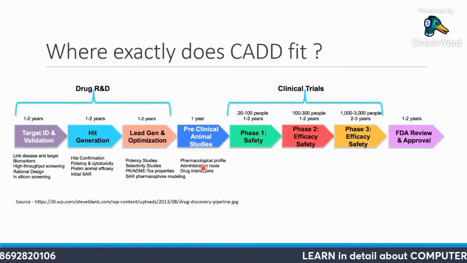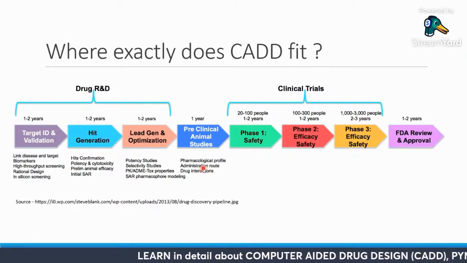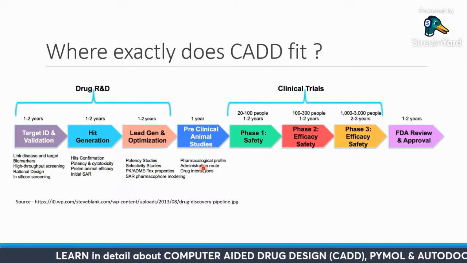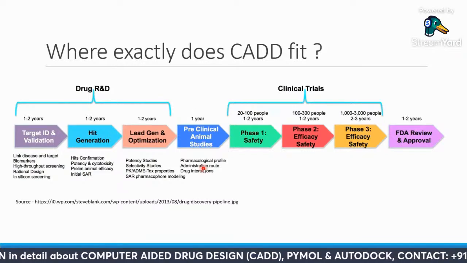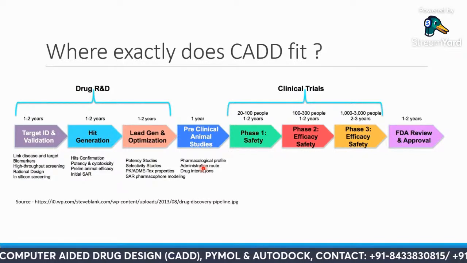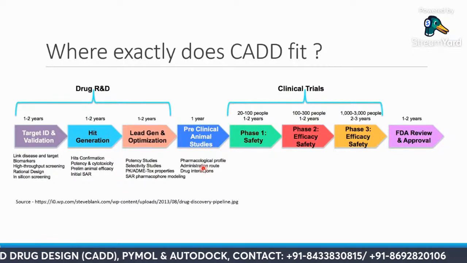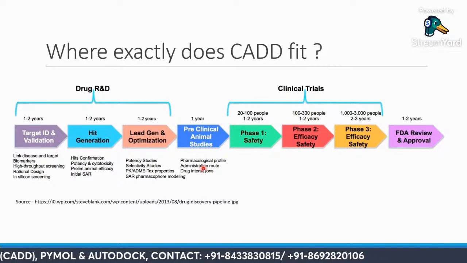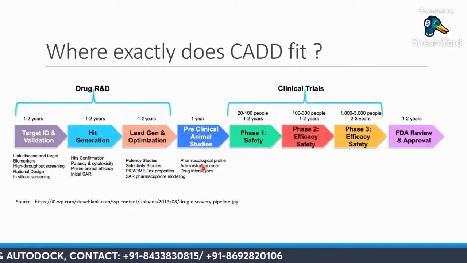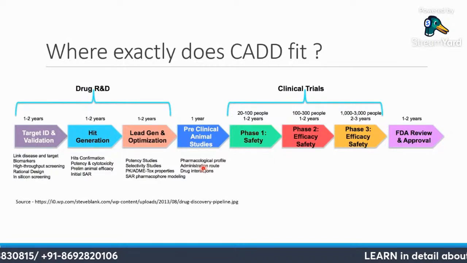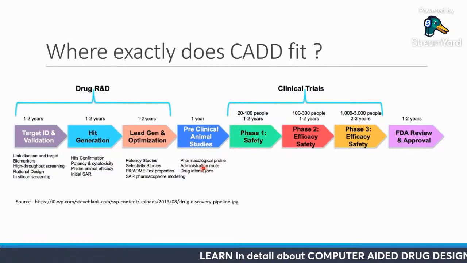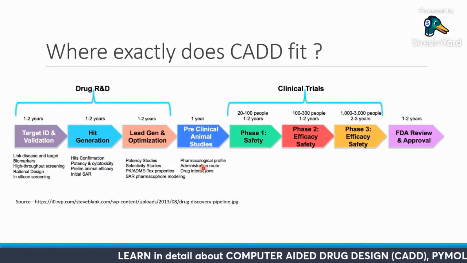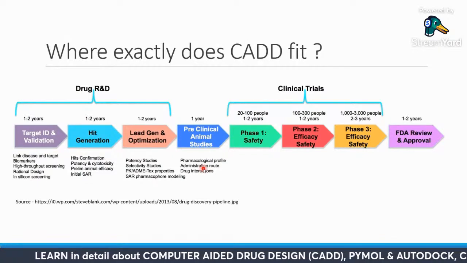If you are a company working on anti-inflammatory drugs, then in the hit optimization step, apart from the IC50 value, you also need to keep in account that the toxicity is very low. Because when you go from hit generation to lead generation stage, you improve the properties, so you cannot have a very toxic molecule in the hit optimization step. There are a lot of other factors. IC50 is just one of the factors to be considered in the hit optimization step.